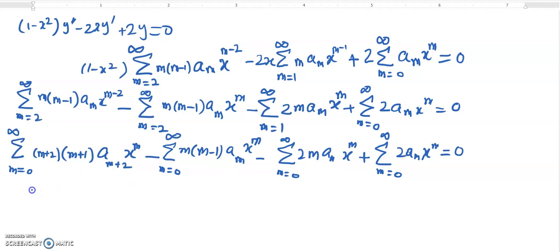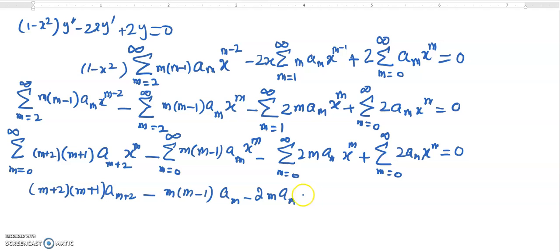So what I can write is (m+2)(m+1)a_{m+2}, and then minus m(m-1)a_m, minus 2a_m, and then plus 2a_m, and then whole times x power m is equal to 0.